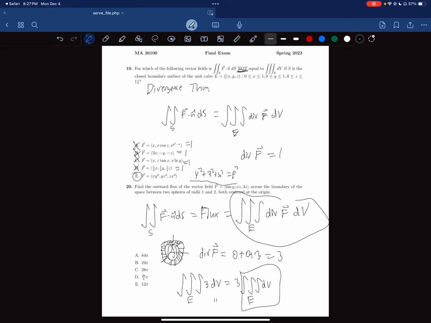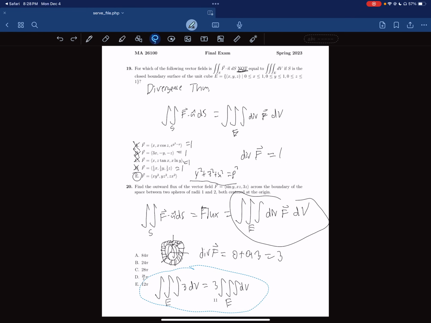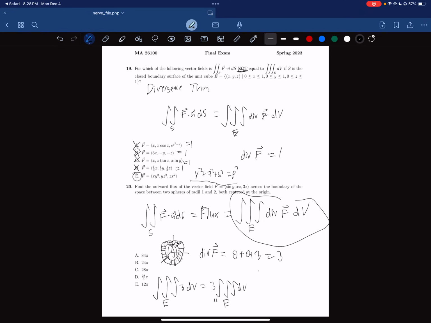And this right here is really just asking what is the volume of the region between those two spheres, and we can do that quite easily. The volume of a sphere is just 4/3 pi r cubed. We can factor out the 4/3 pi, and do the outer one minus the inner one.